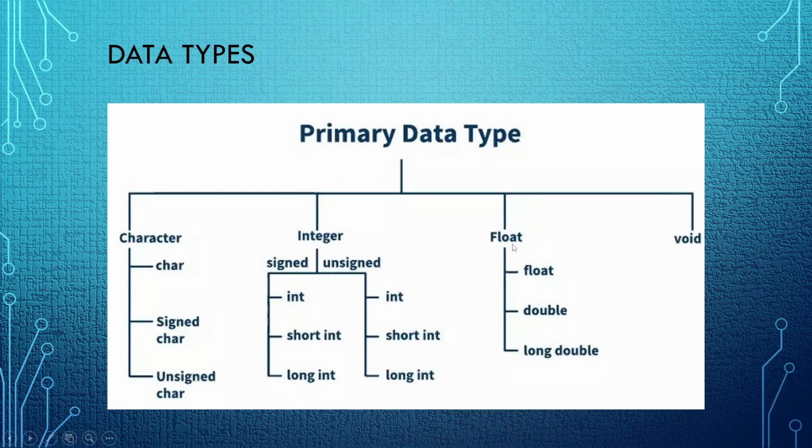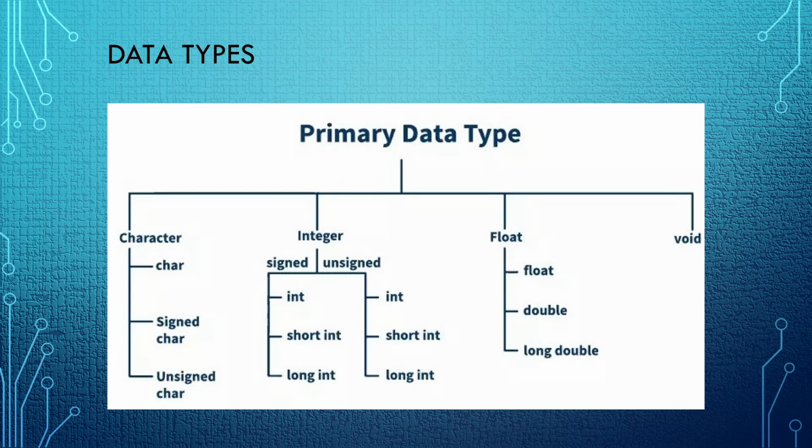Float data type. The float data type is a set of numbers with decimal values. Every floating point value must contain a decimal value. The floating data type has variants: float, double, long double.